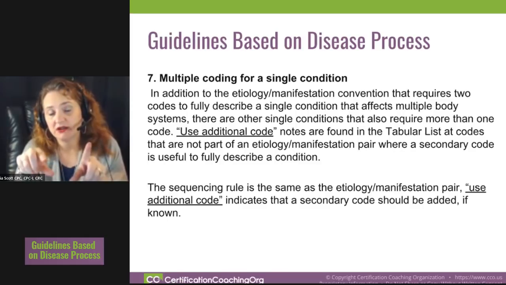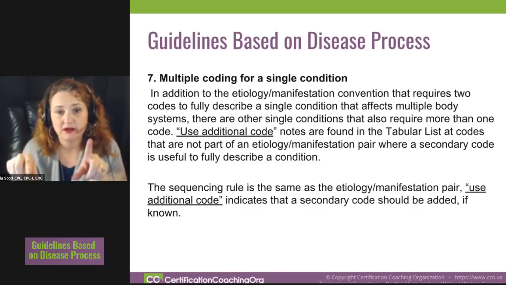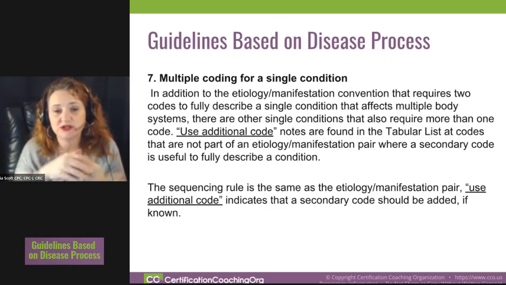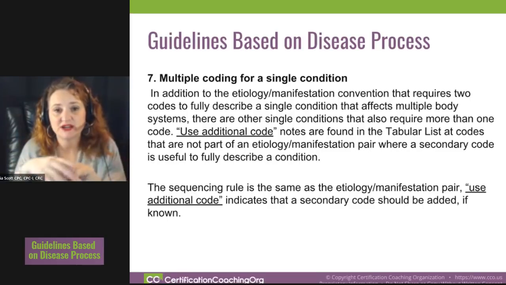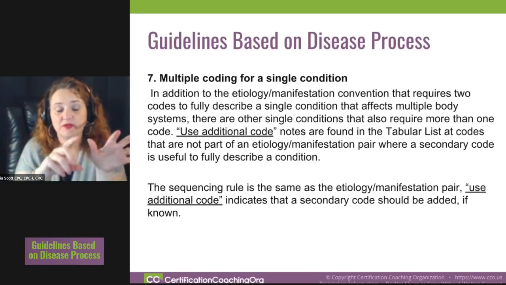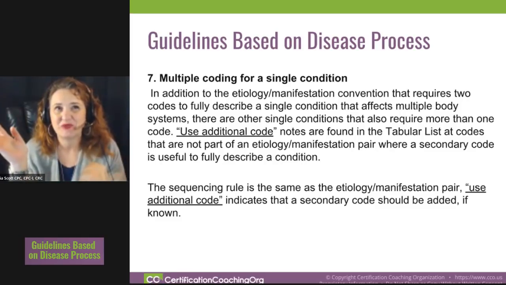So we would code the N18 point whatever the stage is, like stage 4 CKD, or stage 3, so it'd be N18.3. And it's not going to be E11.9 for diabetes. If they're type 2 diabetic, it's going to be E11 point, and I can't remember if it's a 3, 4, or 5. That's renal manifestation. I kind of want to say it's a 4, but I can't remember off the top of my head.